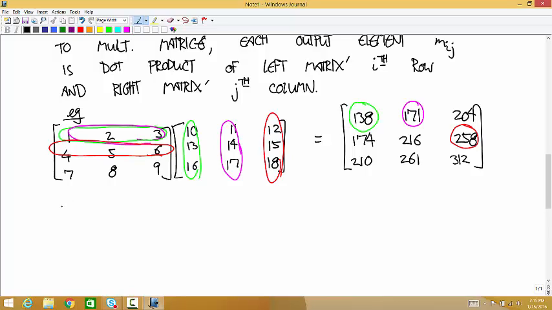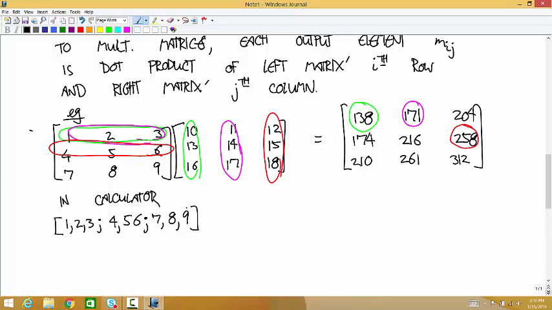So in your calculator, you could do this as like 1, 2, 3, semicolon, 4, 5, 6, semicolon, 7, 8, 9.